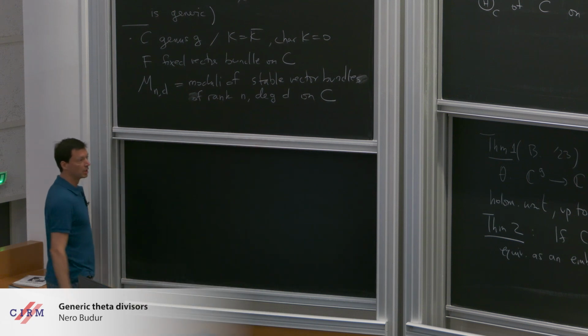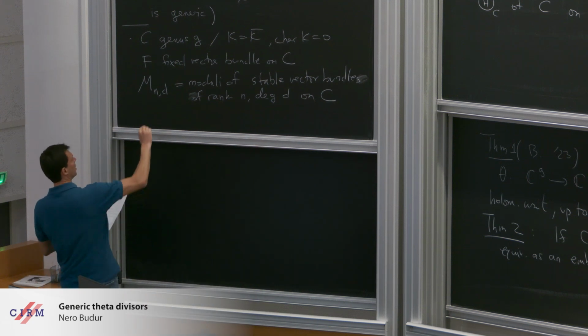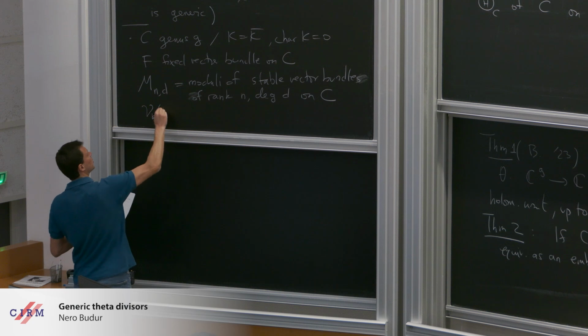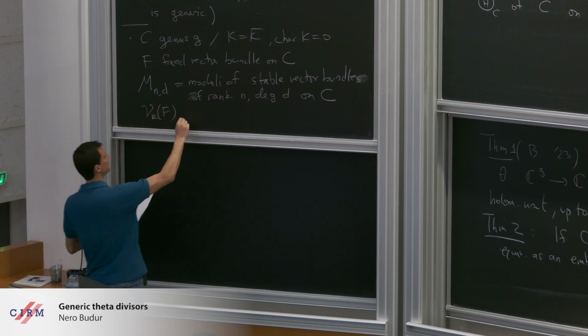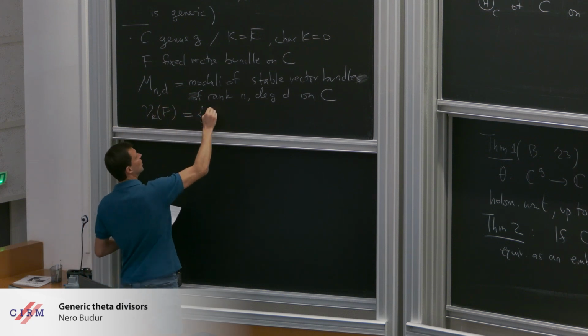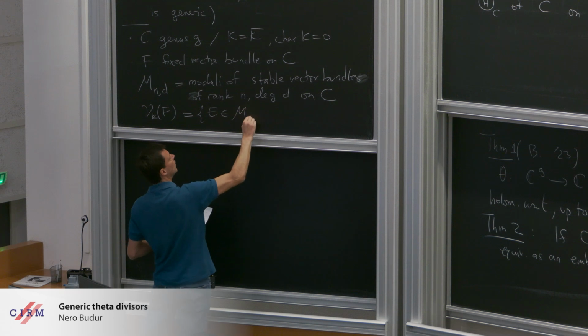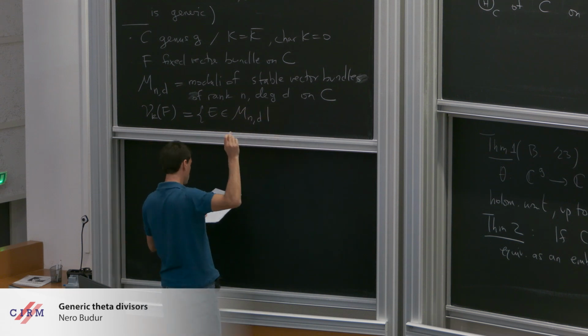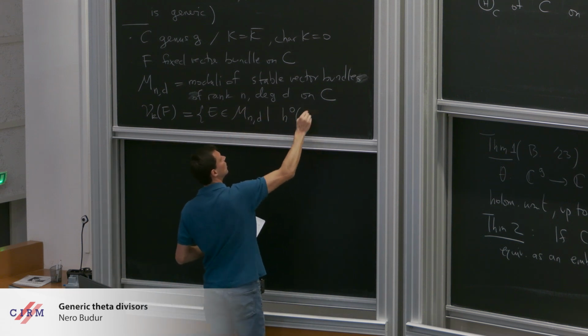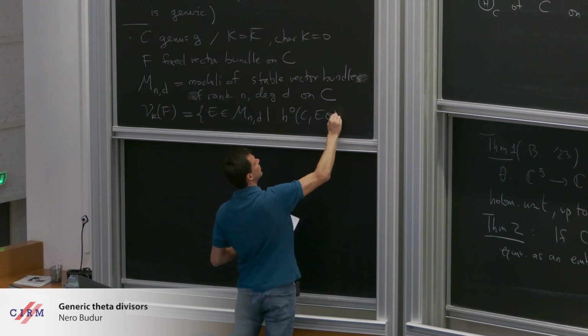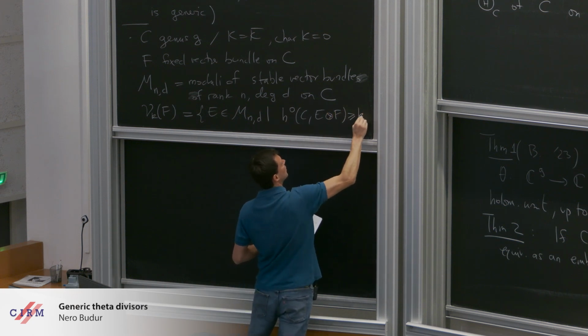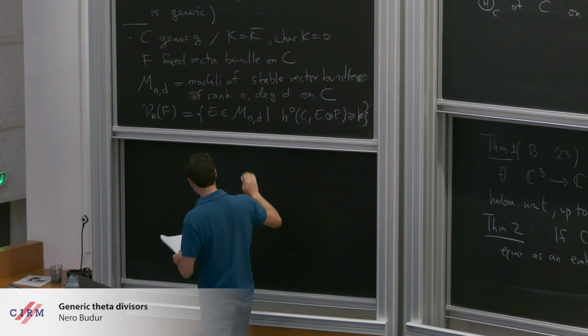The analog of the Brill-Noether loci in this twisted setup I'll call V^k. These are the vector bundles E such that H^0(E ⊗ F) has dimension greater or equal than k.